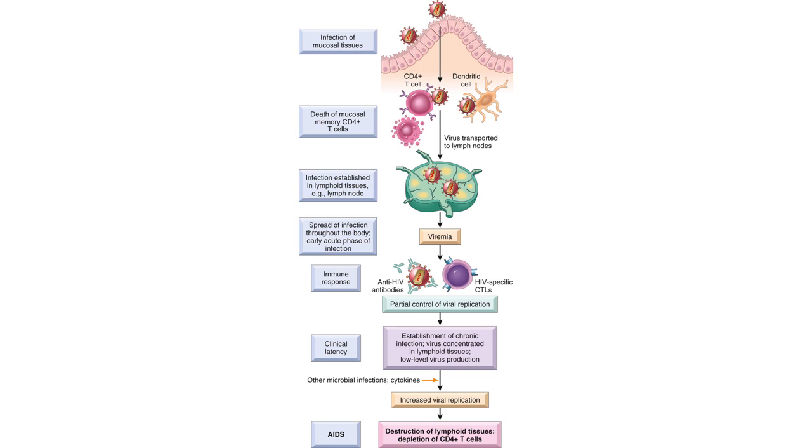In these cells, viral replication is very rapid. And when the dendritic cells are immensely infected, they now start to infect CD4 positive T cells. So the dendritic cells and the antigen presenting cells in the mucosa become a reservoir for HIV.